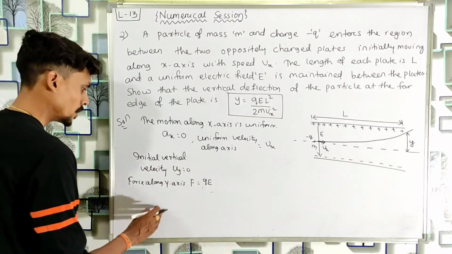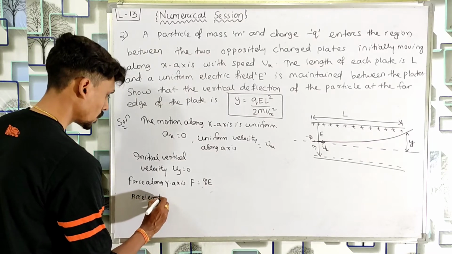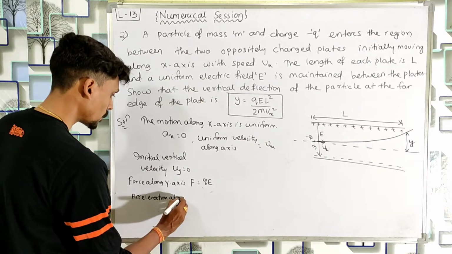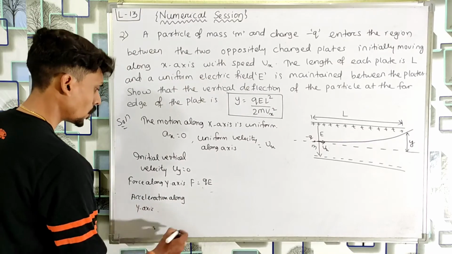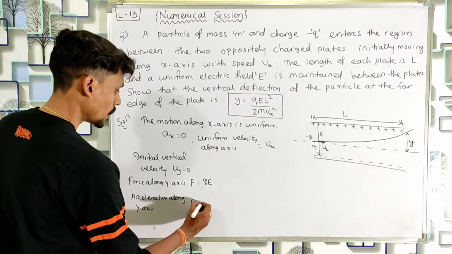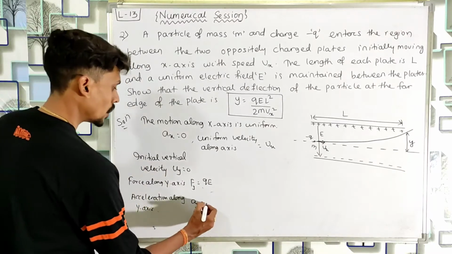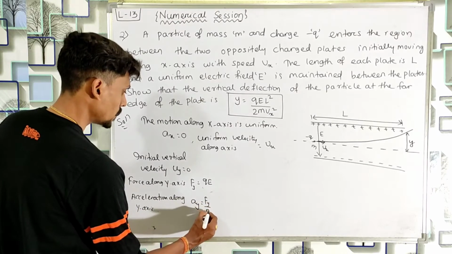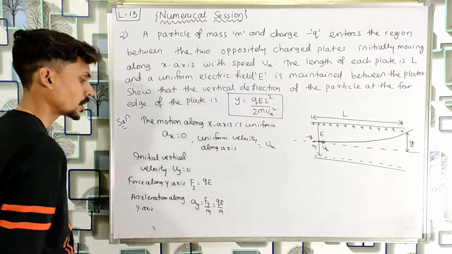So what will be the acceleration? The acceleration along y-axis, Ay, is equal to Fy, means force along y-axis, by mass, that is equal to QE by m. Is that clear?